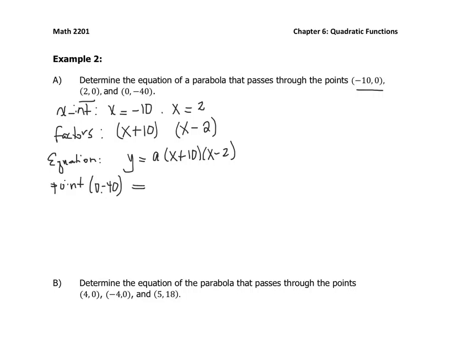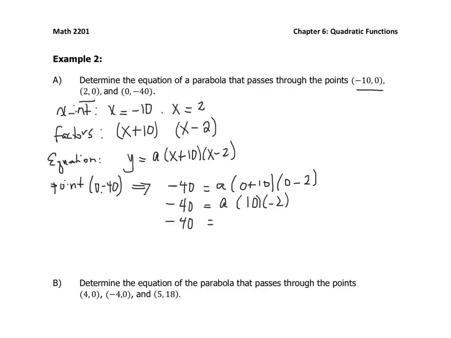So using that point, we know that when y is -40 and x is 0, this equation should be true, and that gives us a times 10 times -2, which gives us -40 equals 10 times -2 is -20 times the a is -20a, and then if we want to solve for a, we divide both sides by -20 to get the a by itself, and that gives us, because the -20s cancel, a equals 2.